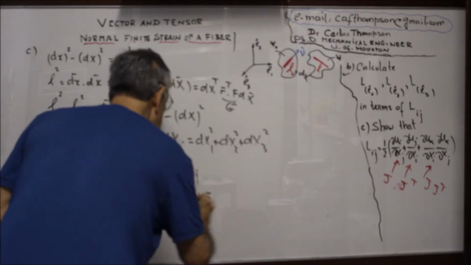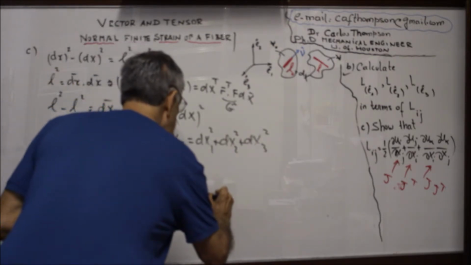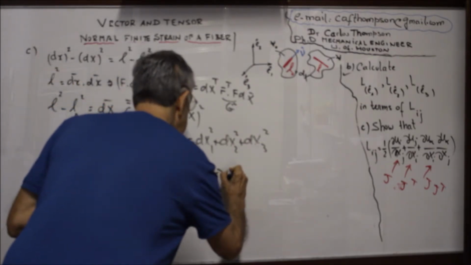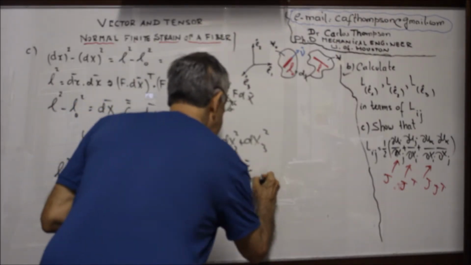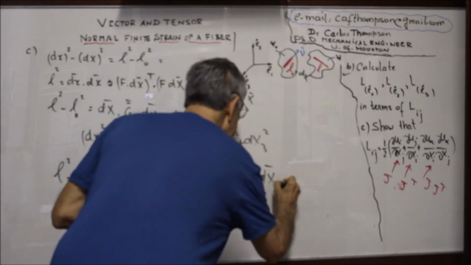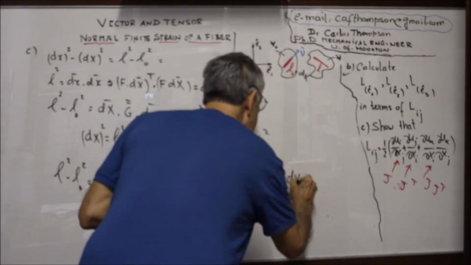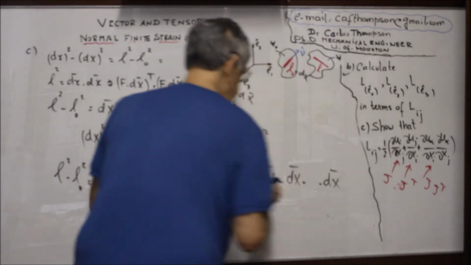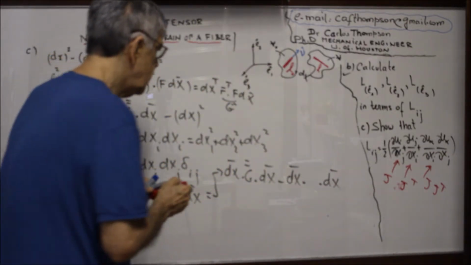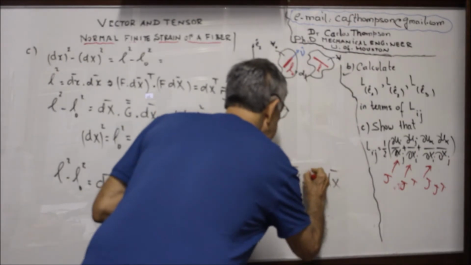Now I can write dX dot G dot dX minus dX dot dX, and I just put I over here.